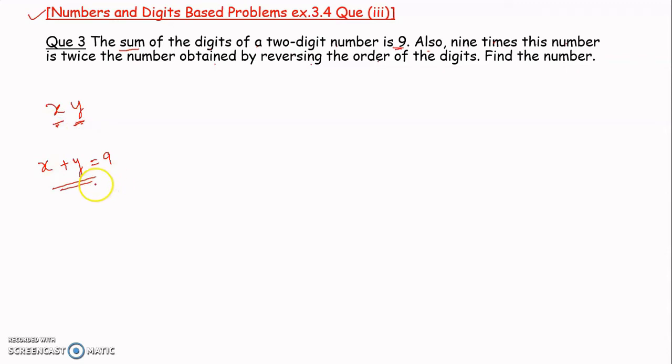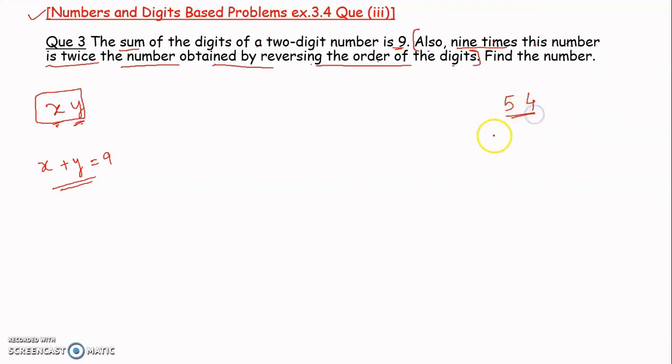Okay. Now, also 9 times this number is twice the number obtained by reversing the order of the digits. So how can we represent this number xy? x is the tens digit and y is the unit digit. Suppose I take an example, the number 54.